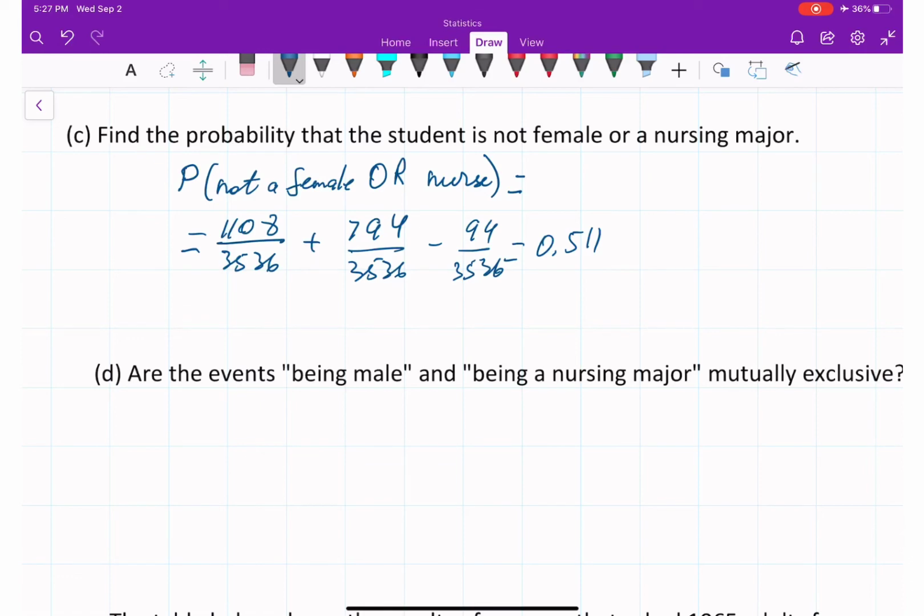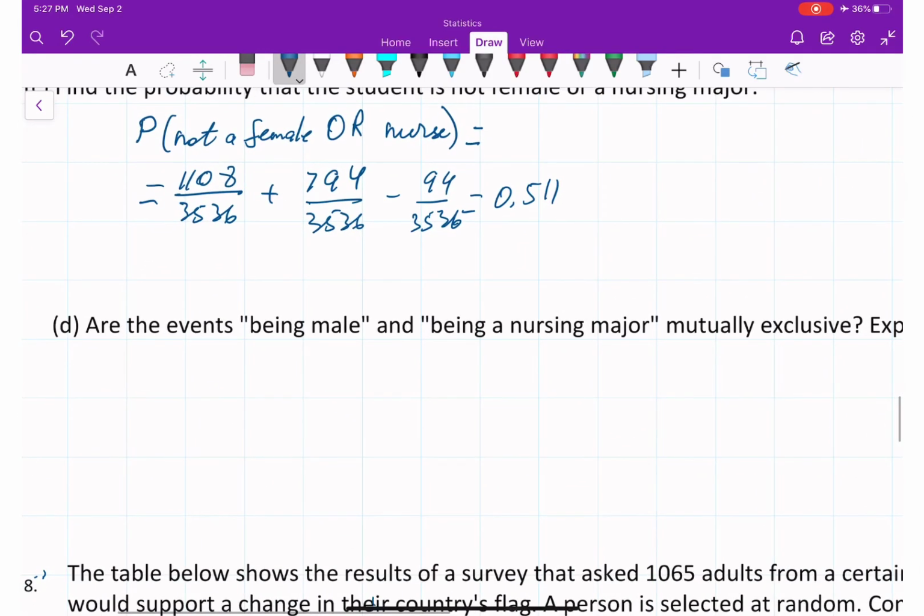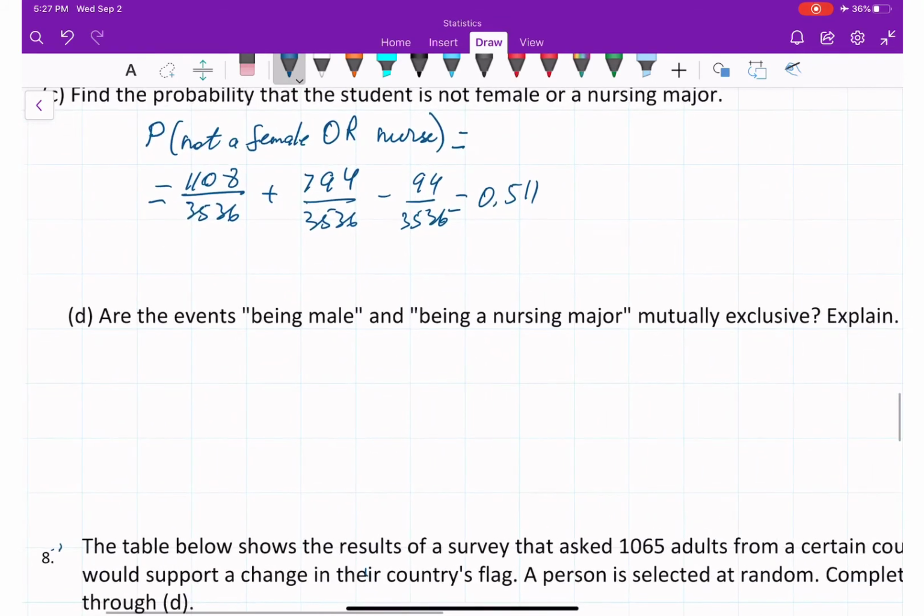And the last one, it's a question. Are the events being male and being nursing major mutually exclusive? No, from this table, it's not.